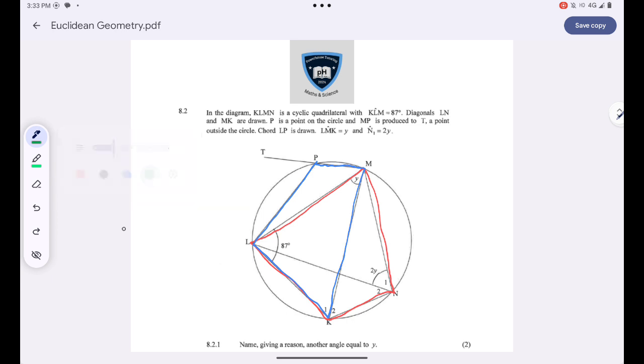Another cyclic quad is this one. We have three cyclic quads over here. And this one, the green one, has the exterior angle.